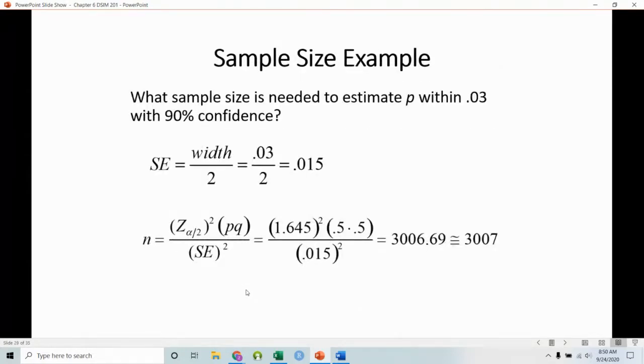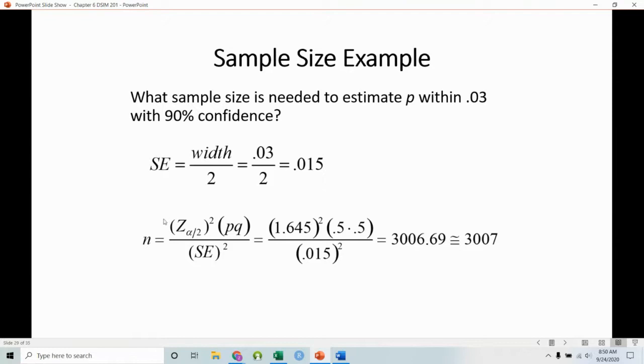So let's say we want to find out what sample size is needed to estimate P within 0.03 with 90% confidence. So we need the half width of our standard error, so 0.03 divided by 2 is 0.015.